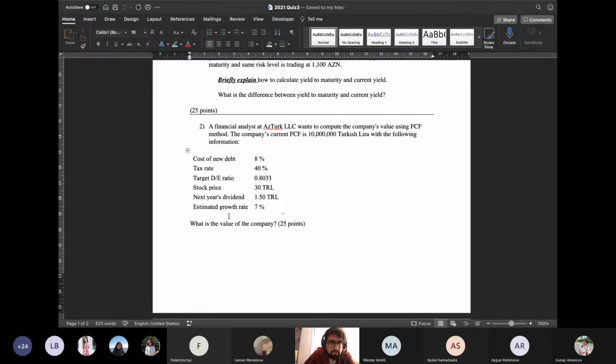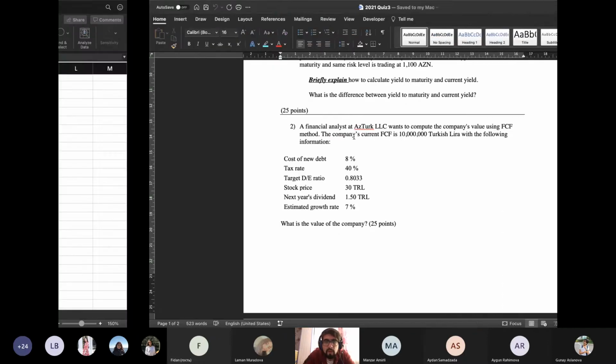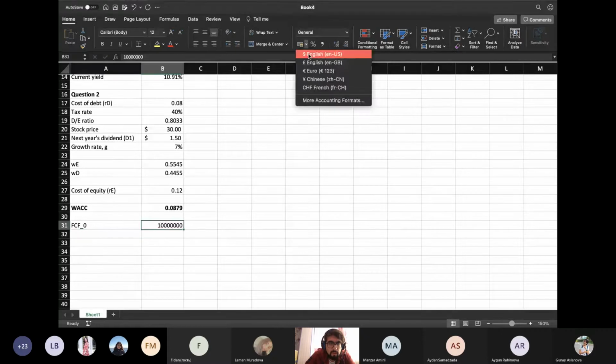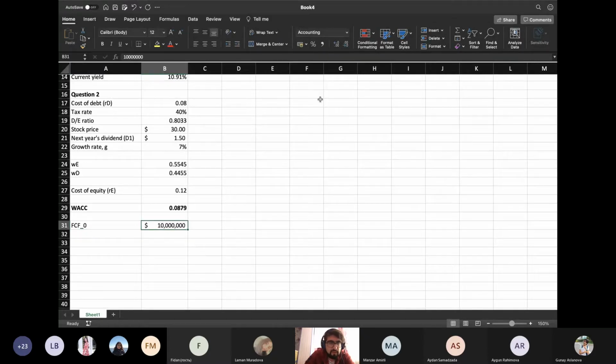Then we have free cash flow, the current free cash flow, which is free cash flow 0, 10 million dollars. In order to find the value of the company, value of the company is equal to free cash flow 1 over WACC minus growth rate.